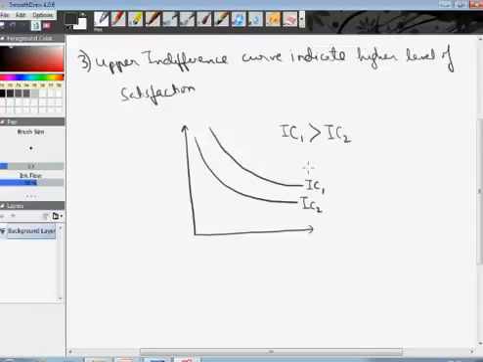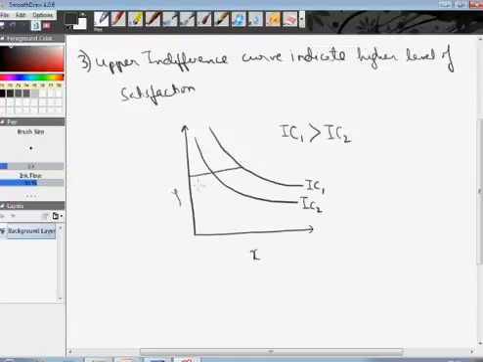The reason is that an upper indifference curve contains all along its length a larger quantity of one or both the goods than the lower indifference curve. Here on the X axis, commodity X is there and here commodity Y is there.